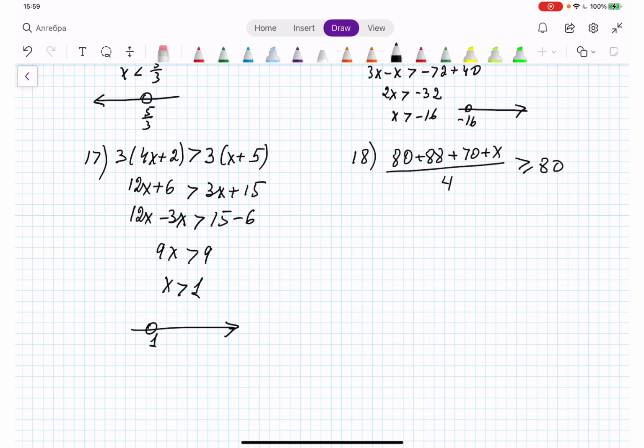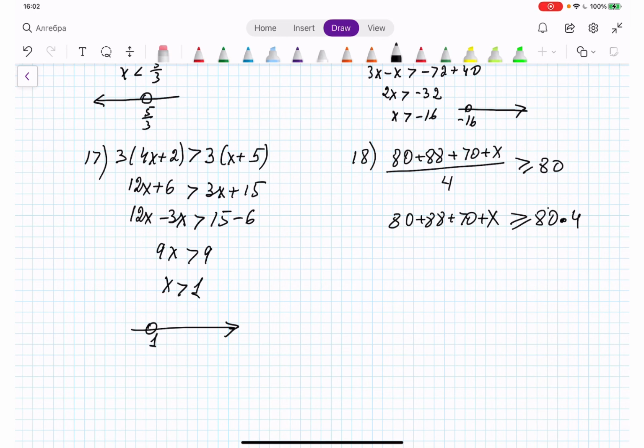So first of all, we need to get rid of denominator. It's going to be 80 plus 88 plus 70 plus x. So its common denominator is going to be 4. Then this 80 on the right side, we need to multiply and divide by 4, right? So since I'm dropping denominator, it's going to be only 80 times 4.